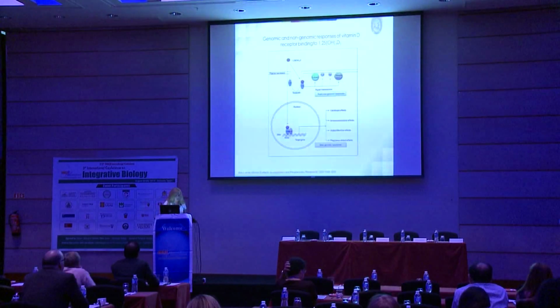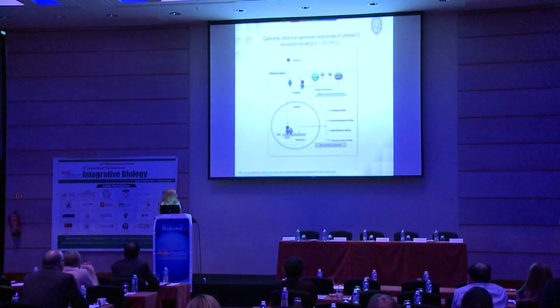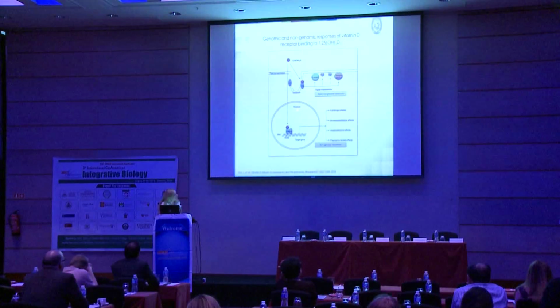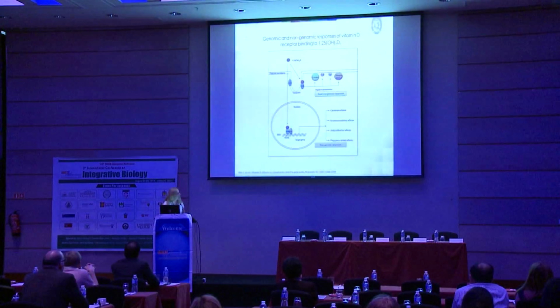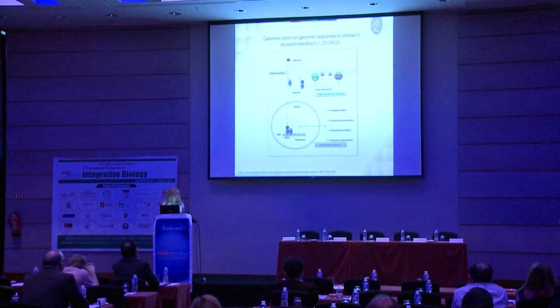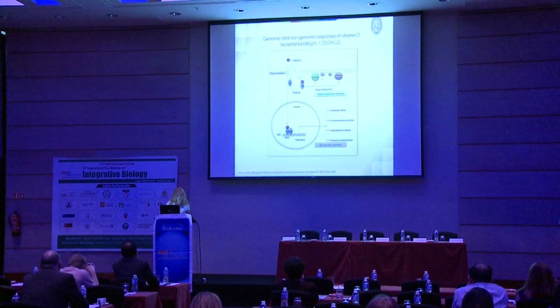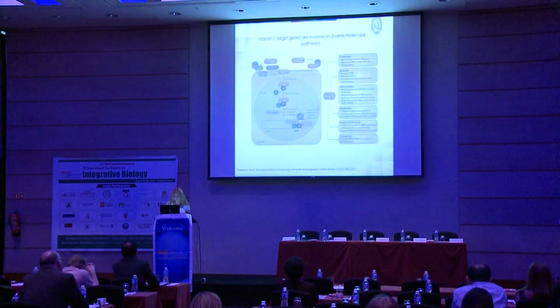The second way of calcitriol action is the rapid non-genomic response, where calcitriol binds to the vitamin D receptor and activates many cascades like protein kinases, mitogen-activated kinases, and phospholipases.